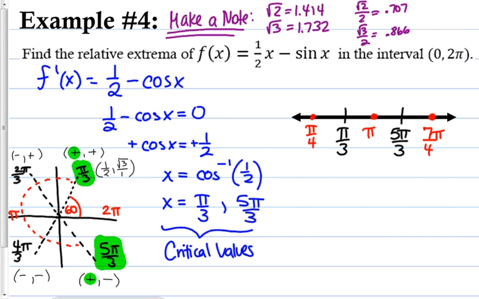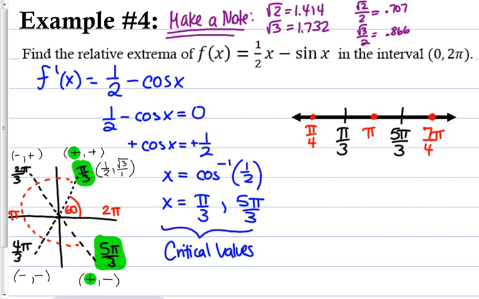Square root of 2 is 1.414. Square root of 3 is 1.732. Of course, these are just rounded. Square root of 2 divided by 2 is 0.707, and square root of 3 divided by 2 is 0.866. So those are numbers that you should get used to because they come about so often, and they make it easier on you.